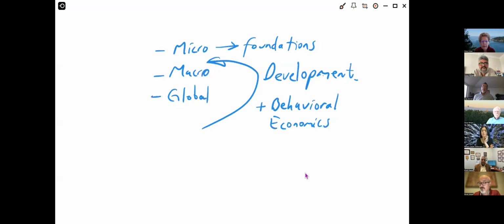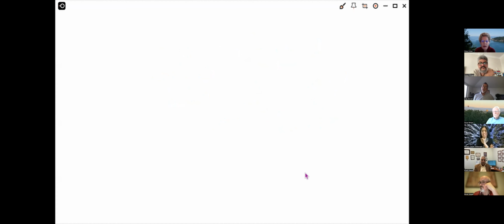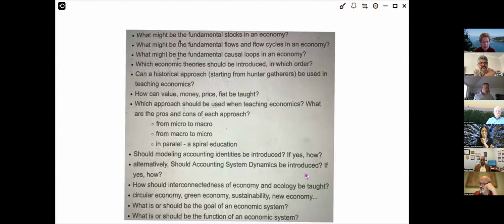This is the framework that I work with my K-12 students. Now, one of the questions, I think I answered this a bit, is about going from micro to macro and macro to micro, but there's room for teaching development and behavioral economics in this context, in the syllabus of IB.